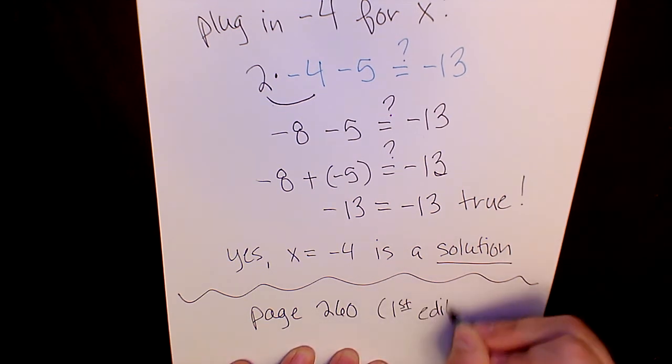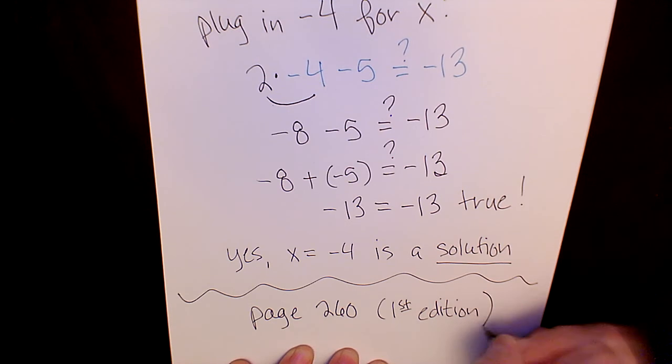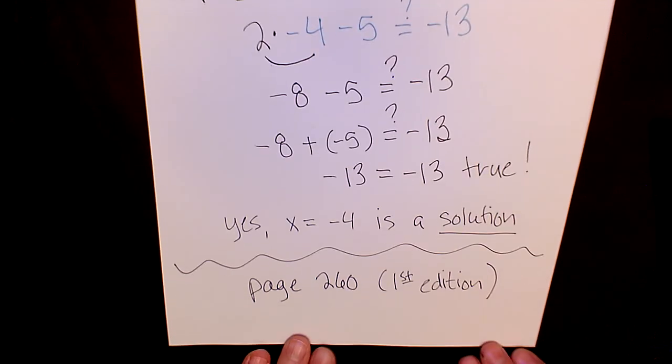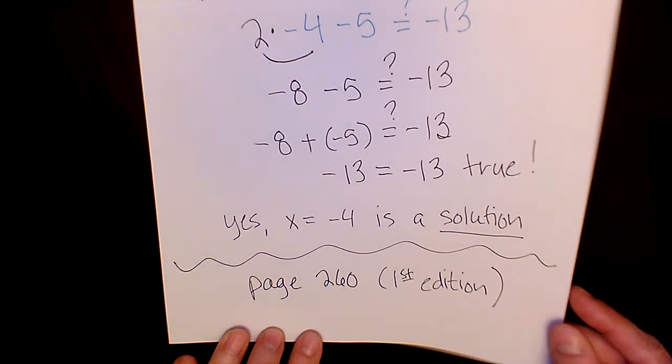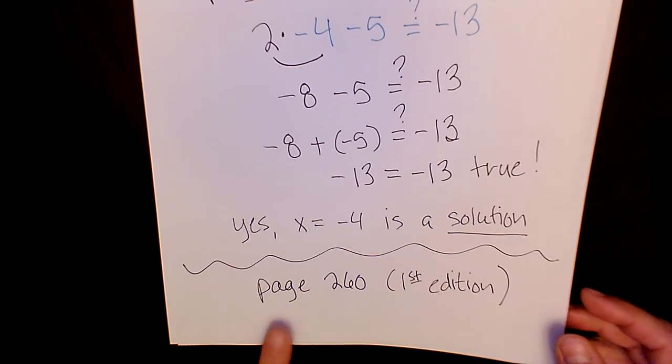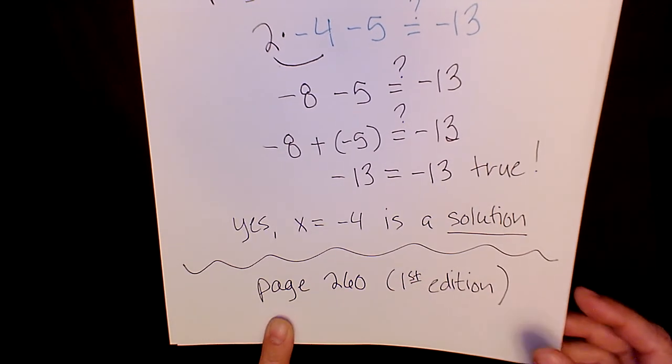And this is the first edition book, which was the only one that was available on Amazon, and that's what I have. So if you have the second edition, it might be a different page, but they're really similar books. Okay, so we're going to start solving, and like I said, I'm on page 260.